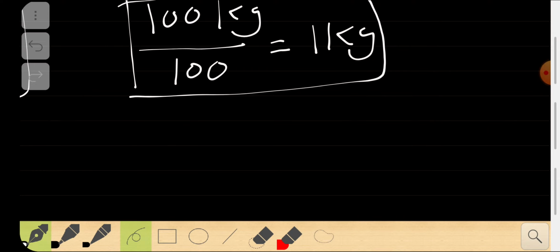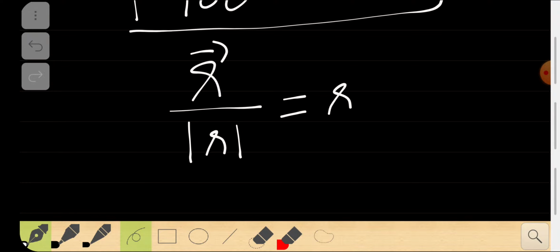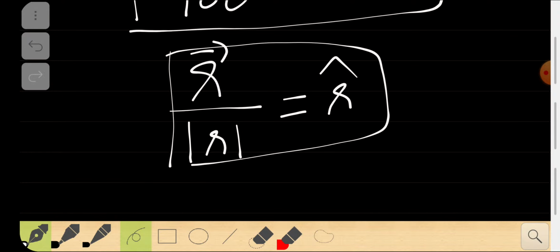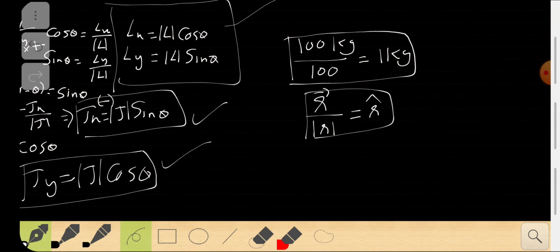So whatever value you divide by its magnitude, you get a unit value. So if you divide a vector r by its magnitude, you get a unit vector r cap. That's a basic thing. So if you look at this equation, you can divide the right hand side and left hand side.